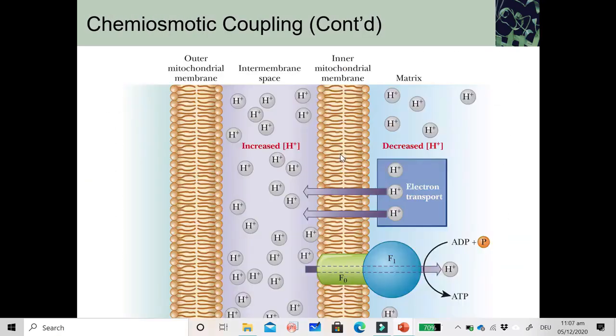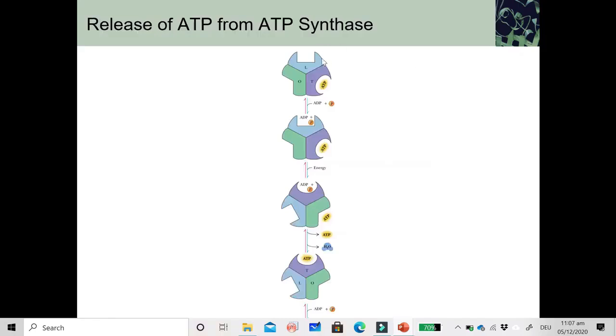Okay, as you can see here, what happens is that the L is converted. First and foremost, this L is a loose binding conformation, right? There's nothing in there because it already released its ATP. It's not catalytically active, but it's capable of binding the substrate, so ADP and inorganic phosphate.